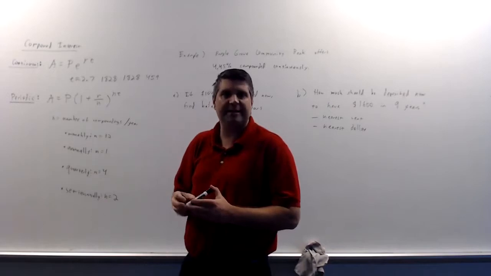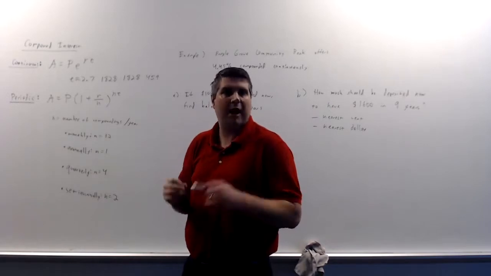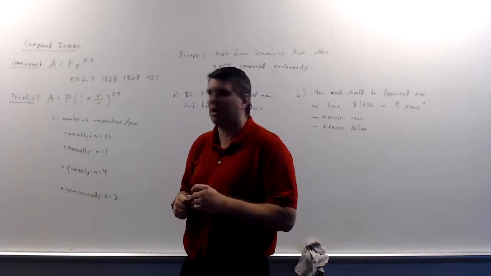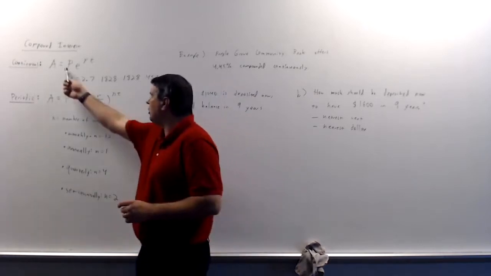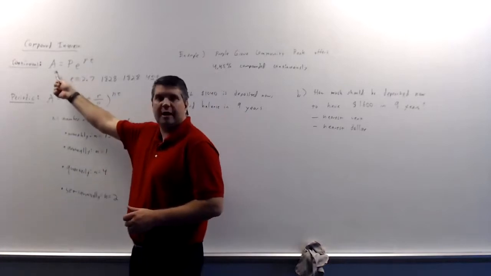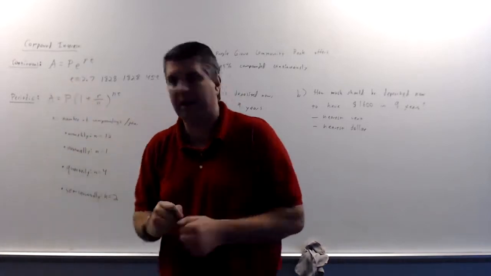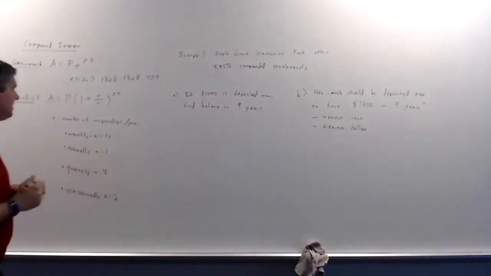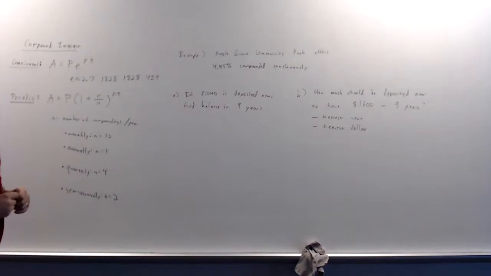Business math classes, advanced business math classes, and applied calculus classes, which is also usually business calculus, usually include both of them as well. I think it's easier to start with continuous, so that's what I'm going to do first. But I will at least give people an idea of what periodic looks like for later.